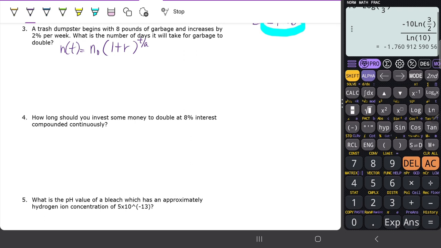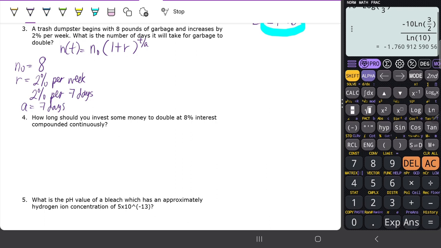So, ano yung mga alam natin? We know that N naught, the initial amount, is 8 pounds. Alam rin natin yung R, the growth rate, is 2% per week. Ang ibig sabihin nito, this is 2% per 7 days. Therefore, A is 7 days.